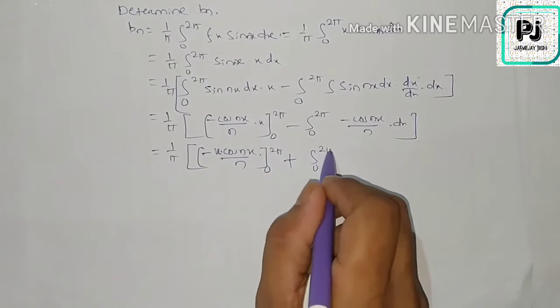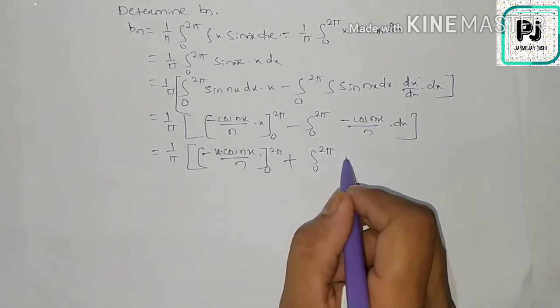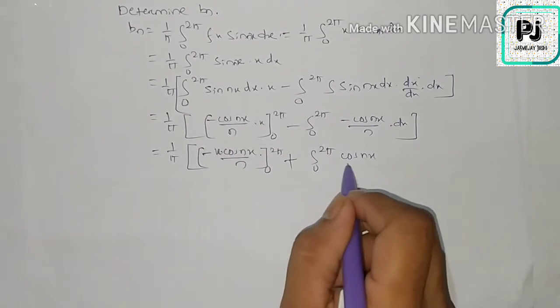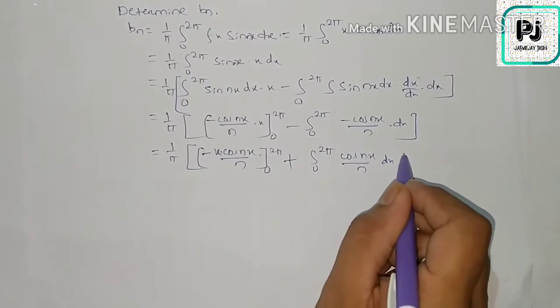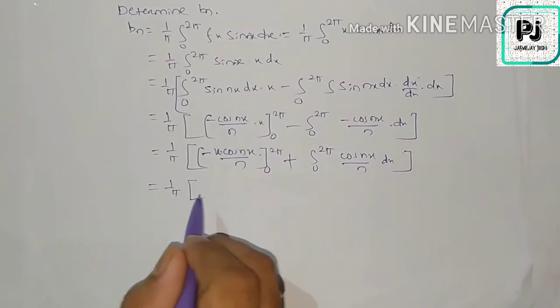Now 0 to 2 pi, this is cos nx divided by n dx, and close the bracket.